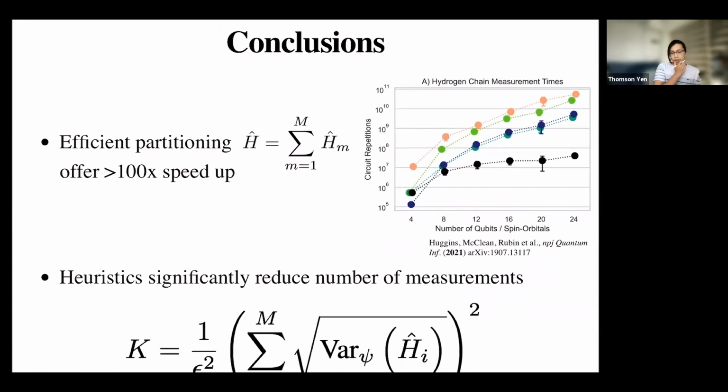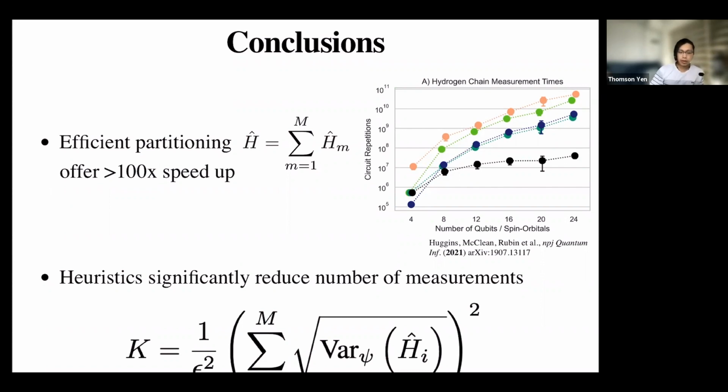So in conclusion, the measurement part of the variational quantum eigensolver can be very costly. This is the example that you saw earlier: a 12-qubit problem you could solve on your classical computer takes like 10 to the 9 repetitions to just go through a single loop of the variational method.